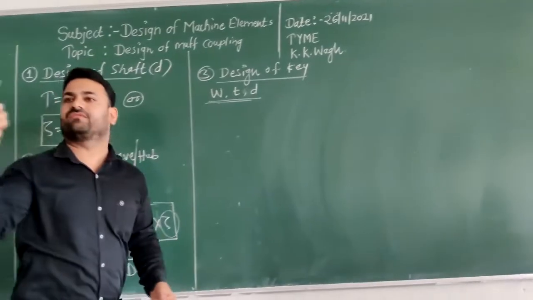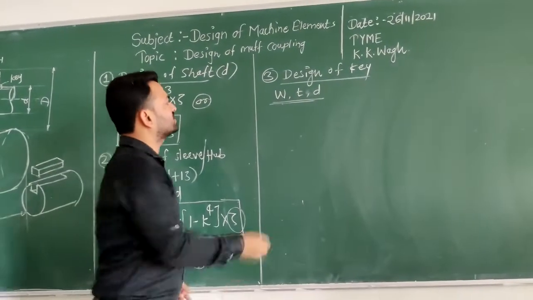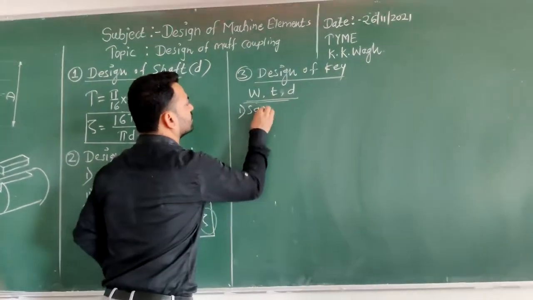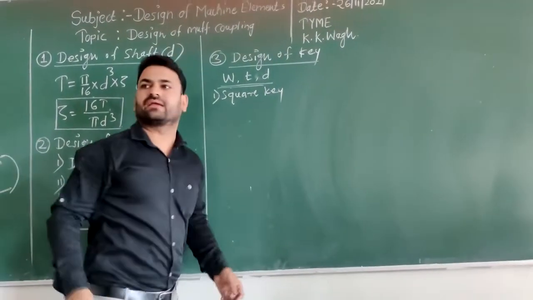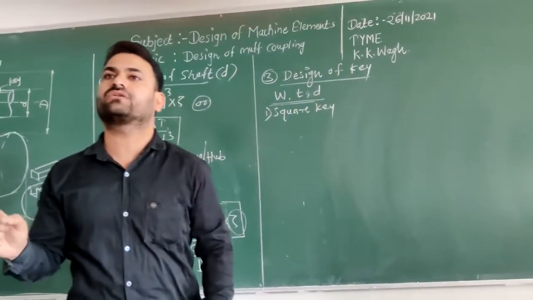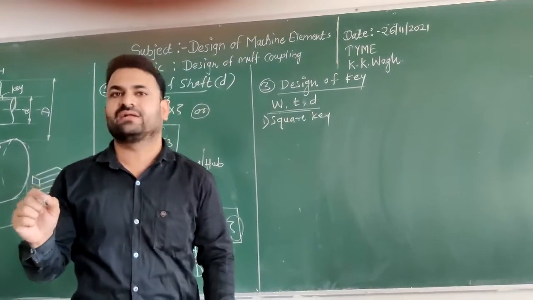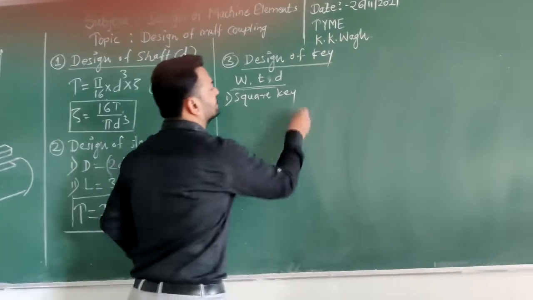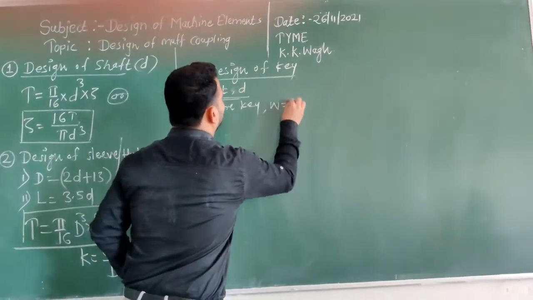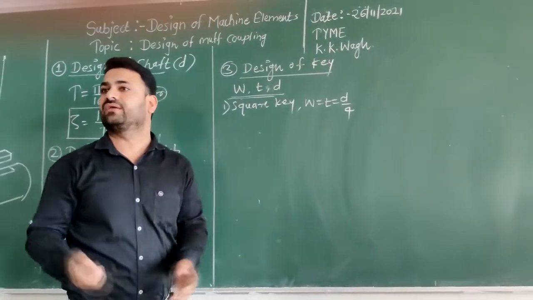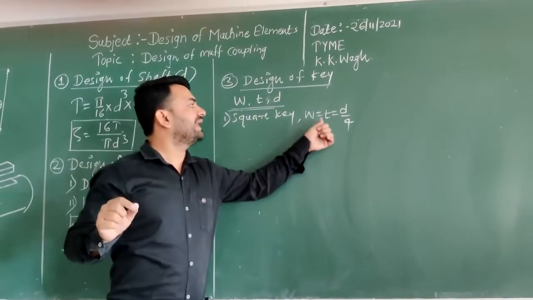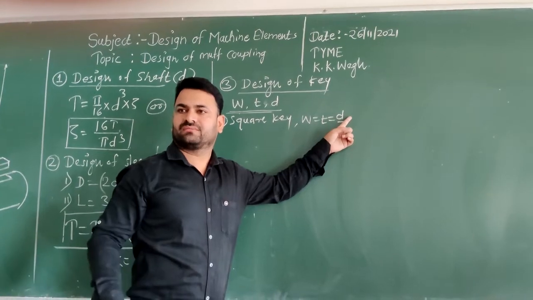There are two types of key that we are going to use. First, the square key, and for the square key, again standard specifications are there. The width and thickness of the key will be equal to d by 4. For the square key, width and thickness will be equal to d by 4.